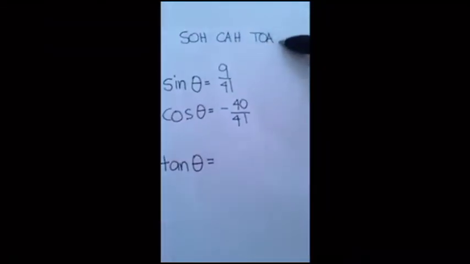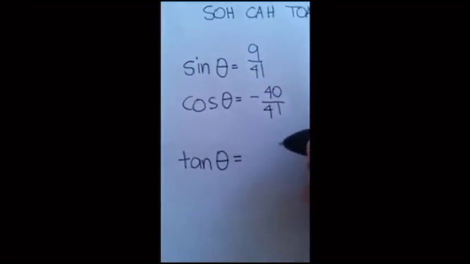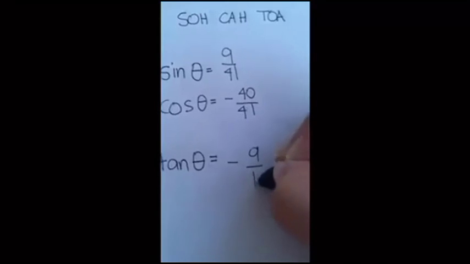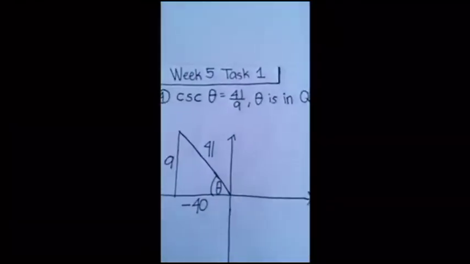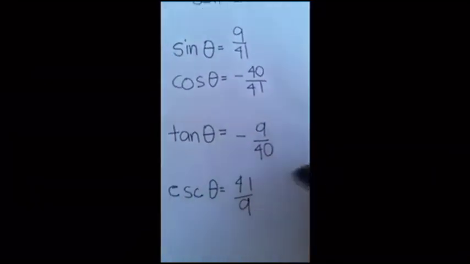Our tangent will be opposite over adjacent. And our tangent of theta will be negative 9 over 40. Our cosecant, of course, is already given, so it is 41 over 9.